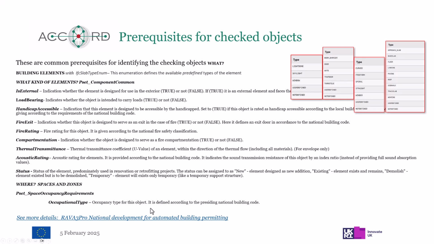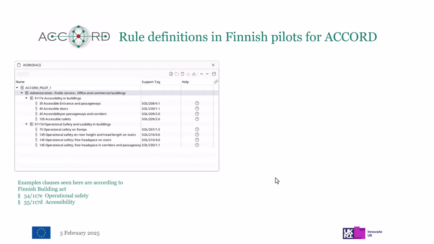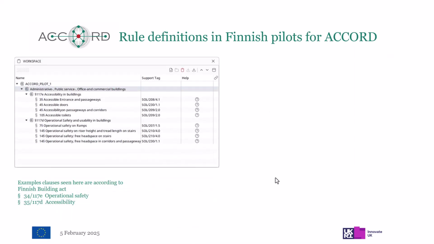You can see more details in Rava 3 Pro, National Development for Automated Building Permitting. There are details in Excel format on what kind of information we are requiring on different elements. The rule definitions, here are examples of how they are created.